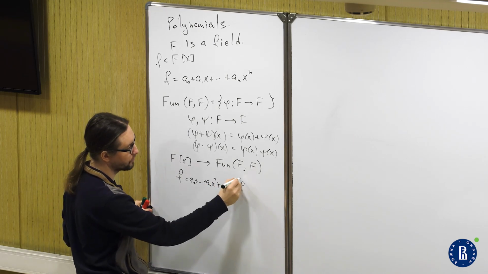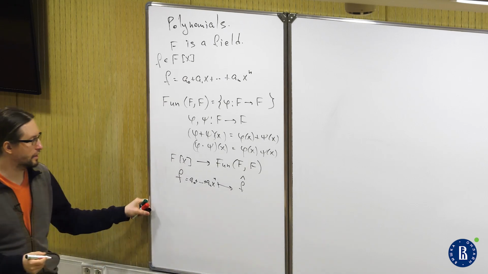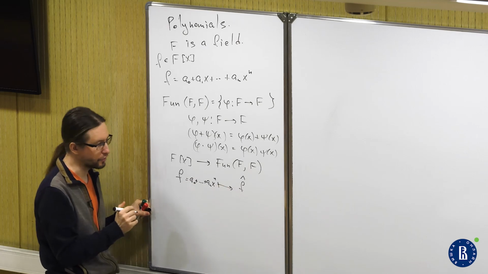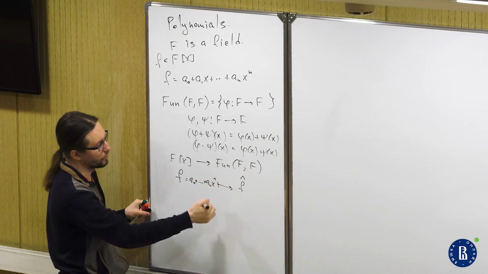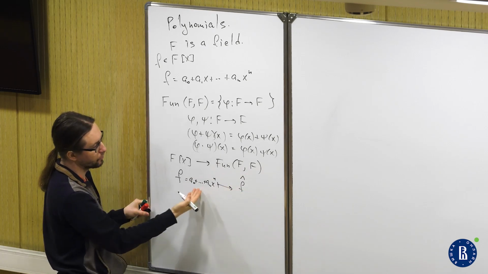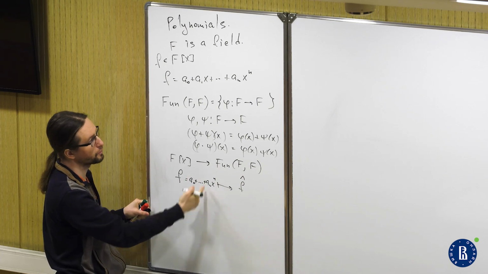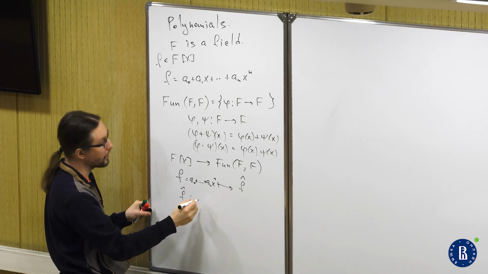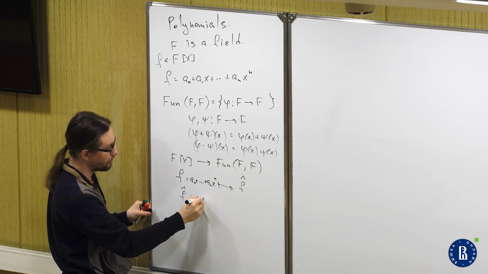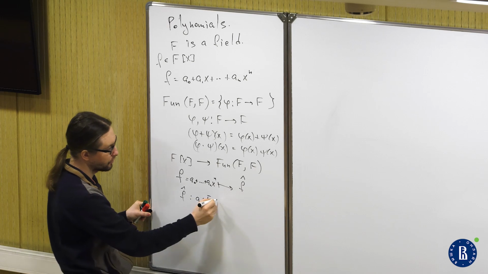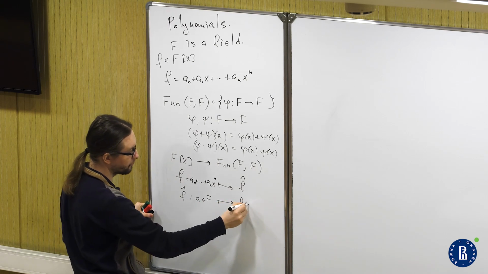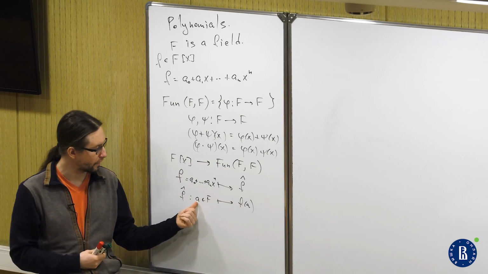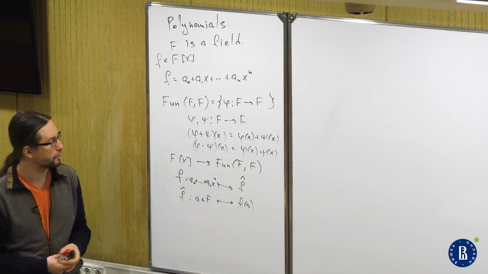I want to denote a function as f with a hat in order to distinguish the polynomial and the corresponding function. So it uses this formula in order to produce a map. So f with a hat takes an element, let's say a, from the field F to the element f of a. So it's just a function which substitutes its argument to the formula of the polynomial.